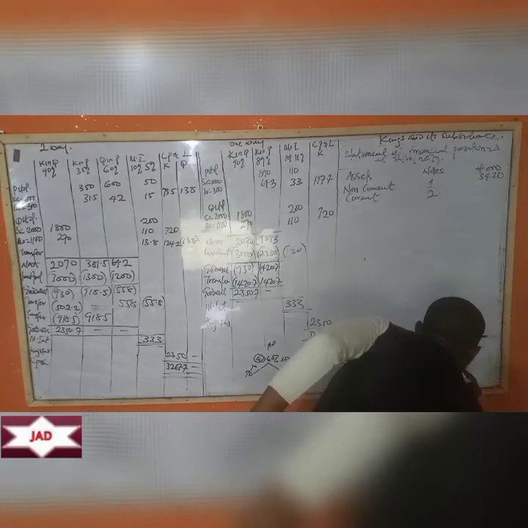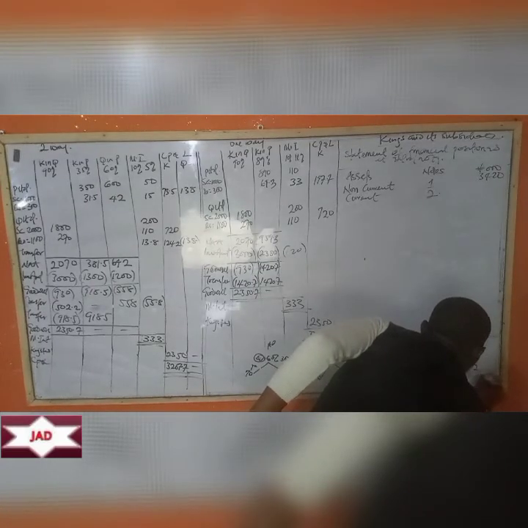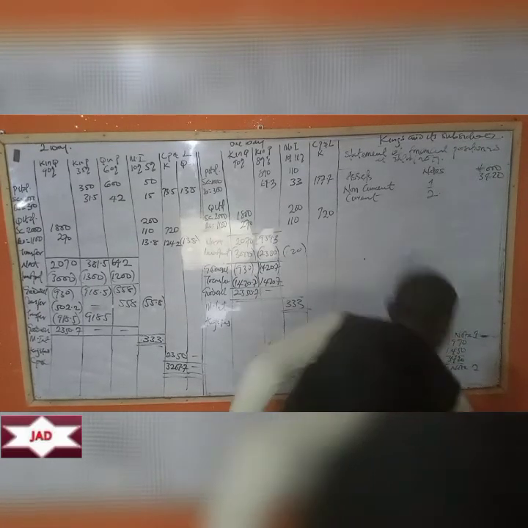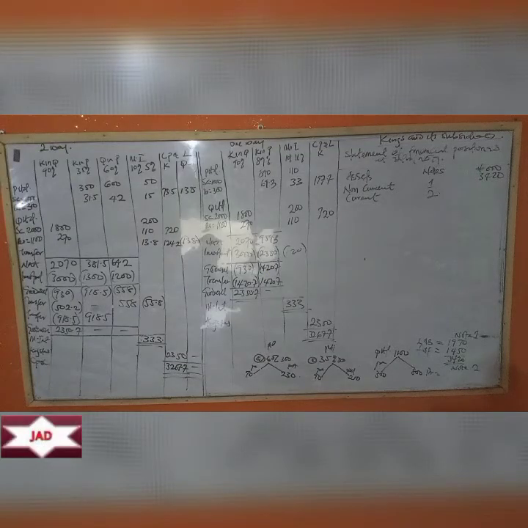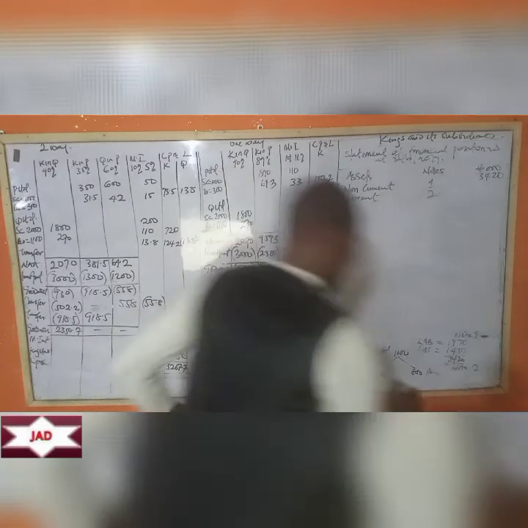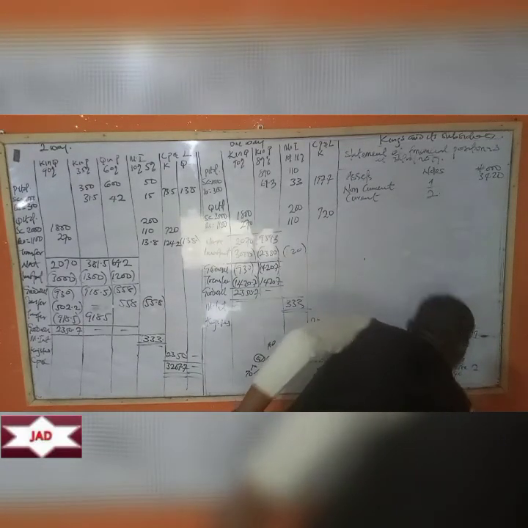Let's put note 2 here. So what are our debtors? We add up the 3 items there, 500 plus 230 plus 160, 890. Debtor is 890.